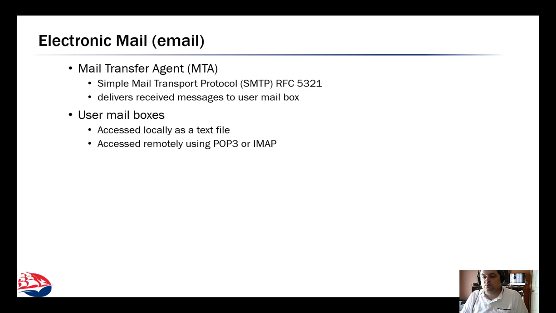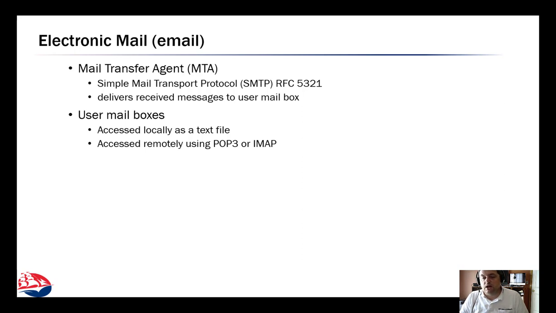This part of the protocol is governed by a protocol called Simple Mail Transport Protocol, or SMTP. SMTP is covered most recently by RFC 5321, and we'll take a look at the SMTP protocol in the next slide. Other parts of the mail system work with users to retrieve their mail from their inbox.